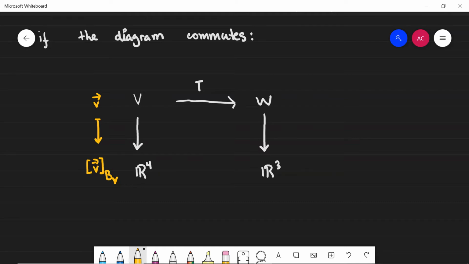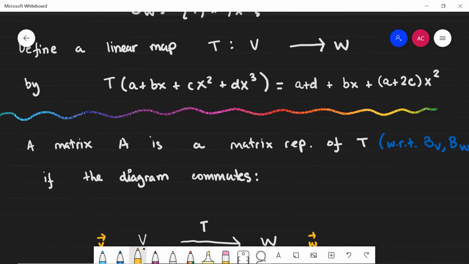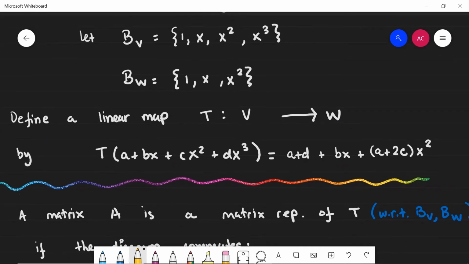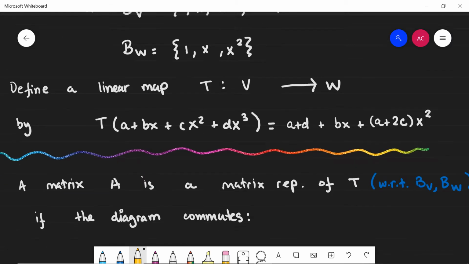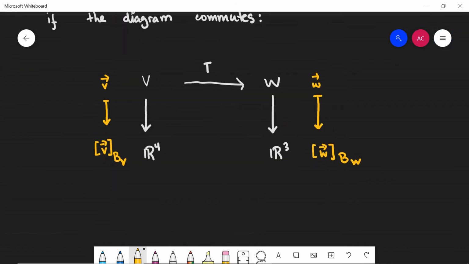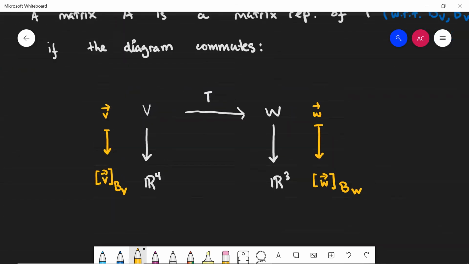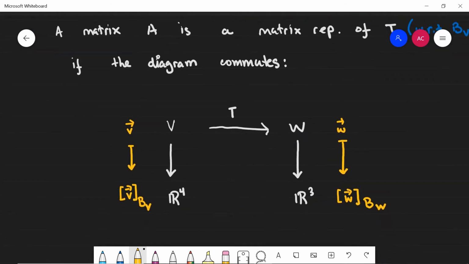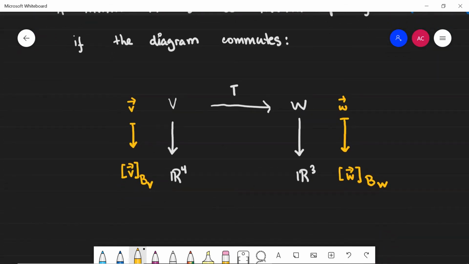Specifically, a generic vector, little w living in capital W, is mapped to its coordinate vector with respect to the basis that I chose, B sub W. And recall that B sub V and B sub W were just the standard bases for the domain and the codomain.